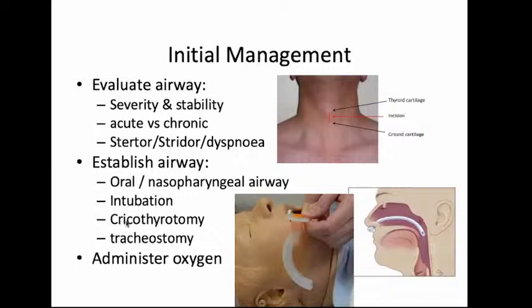A third option, if you cannot intubate the patient, say obstruction is up here and the endotracheal tube cannot pass, you can do what is called a cricothyrotomy. A cricothyrotomy is an incision you make in the cricothyroid membrane.